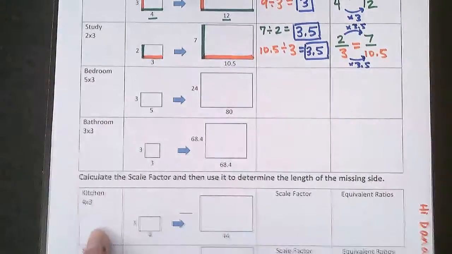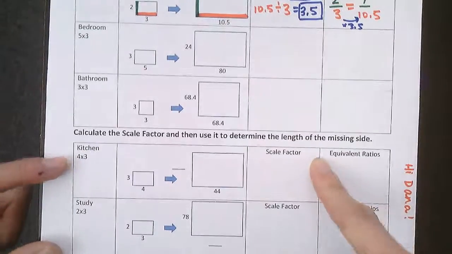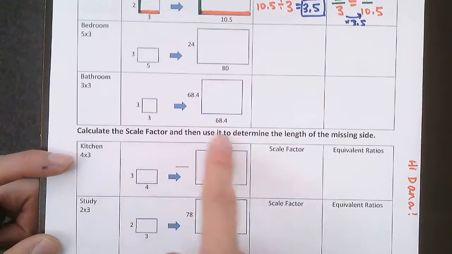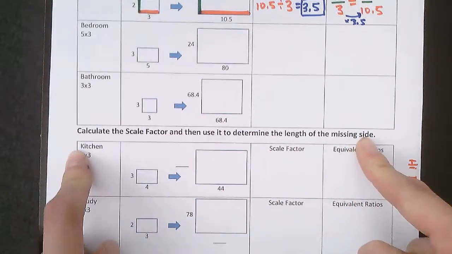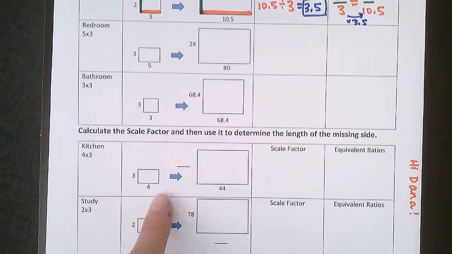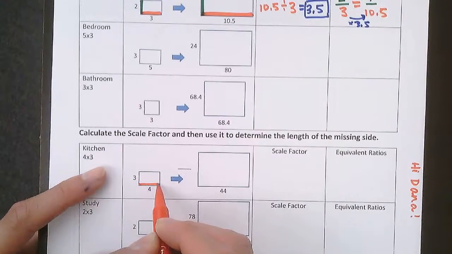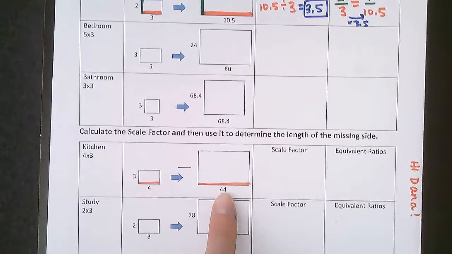I'm going to show you now how to do this first one down here, where it says to calculate the scale factor and then use it to determine the length of the missing side. So back to our kitchen example, it's 4 by 3, and then once it's enlarged, this side becomes 44.